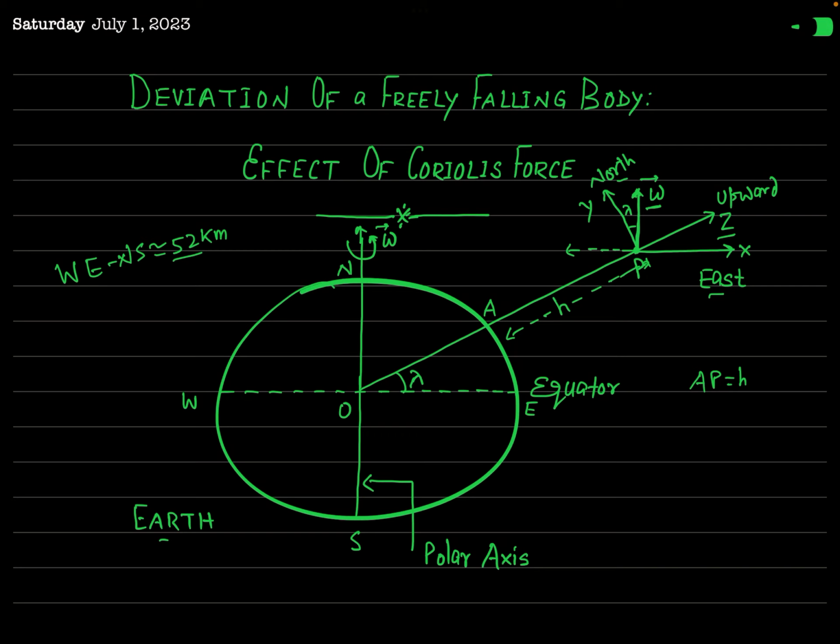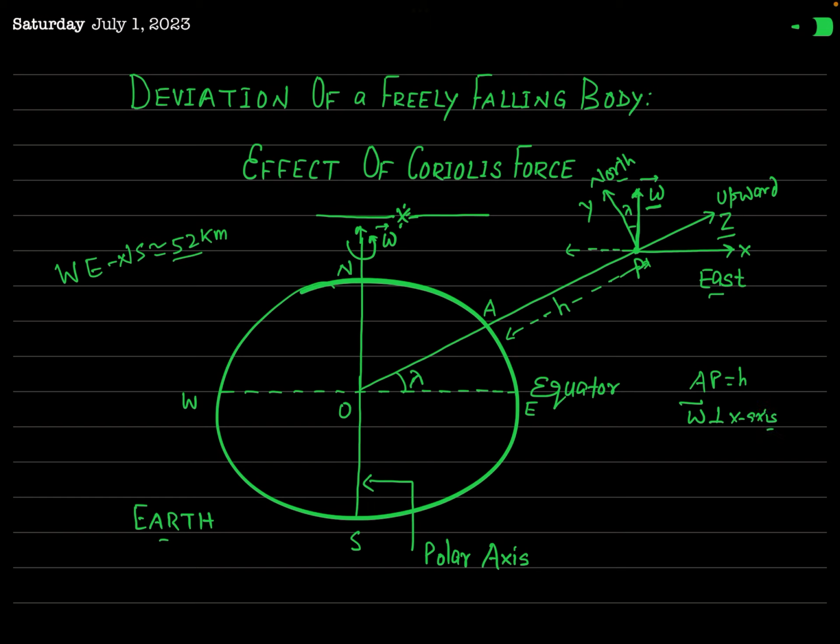You can see this angular velocity omega of our earth lies in the yz plane. It means omega is perpendicular to the x-axis, as we have considered the coordinate system.